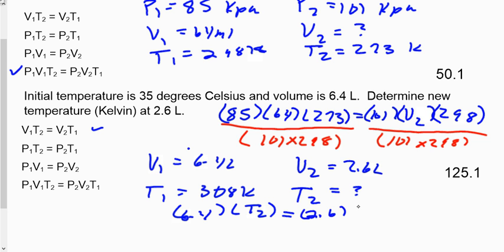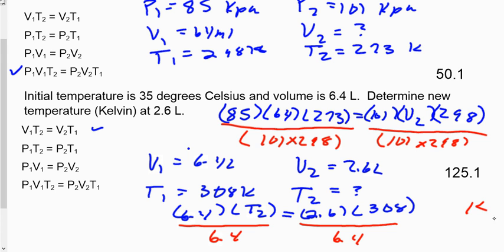So we're going to multiply that by temperature 1 of 308. Now mathematically, I just have to divide both sides by 6.4 this time in order to get temperature 2 by itself. So I'm going to take 2.6 times 308 divided by 6.4. And that gives me 125.1. Now remember, that answer does come out as Kelvin.